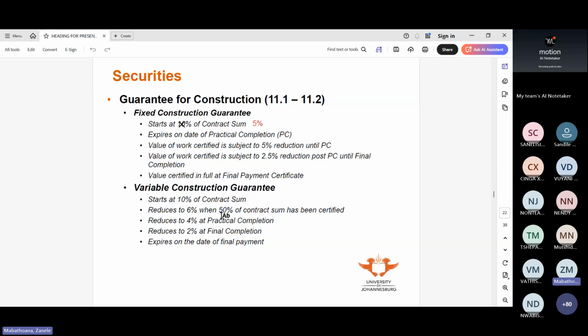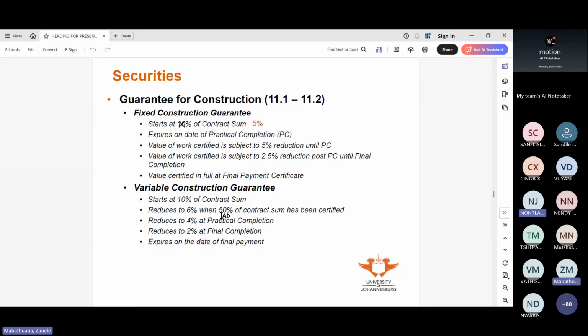Obviously, this is a small contract of fencing around Nazareth. When he reaches 50%, which is not 50% of the work but 50% of the contract sum, so when we certify half of that, which is 5 million, then we reduce the guarantee to 6%.